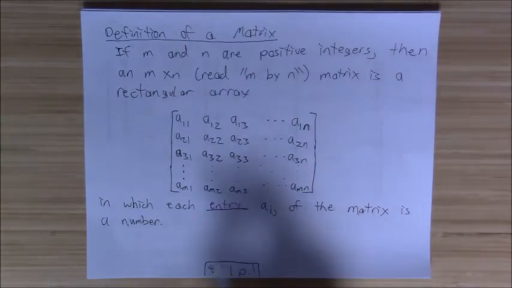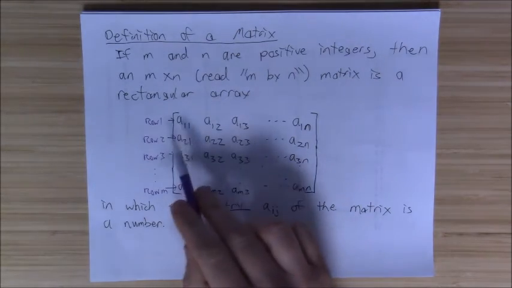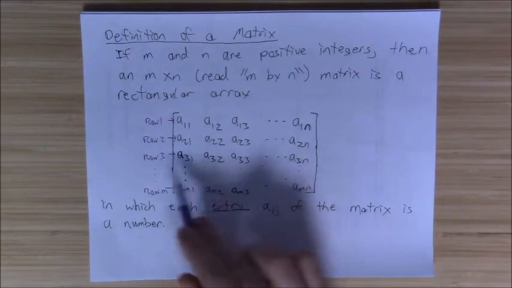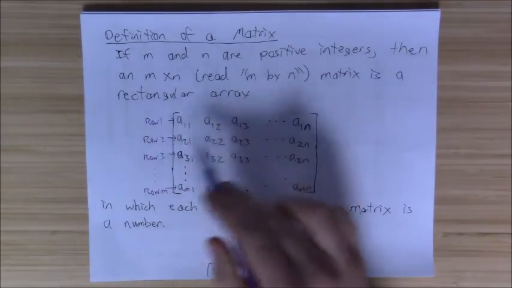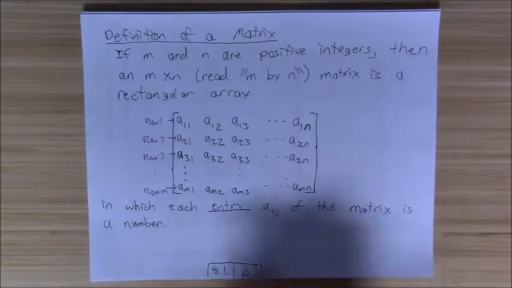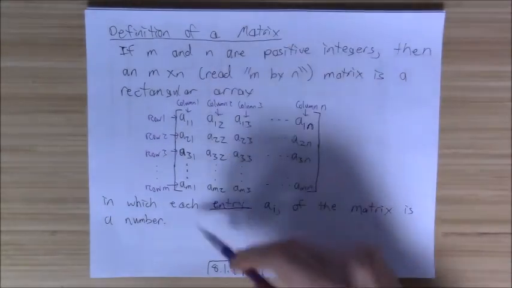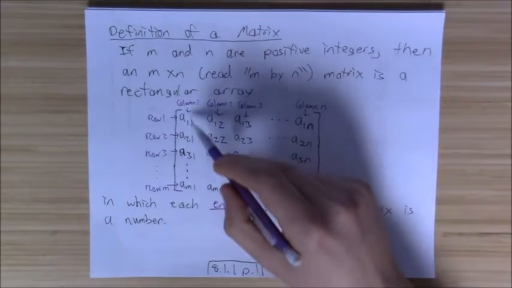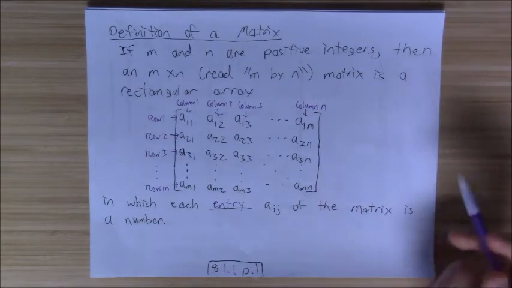So I'd also like to note that here we have rows. This would be row 1, row 2, row 3, and then all the way down to row m. So rows are counted on this side and go across that way. We also have columns, which go down this way. So this would be column 1, column 2, column 3, all the way out to column n.